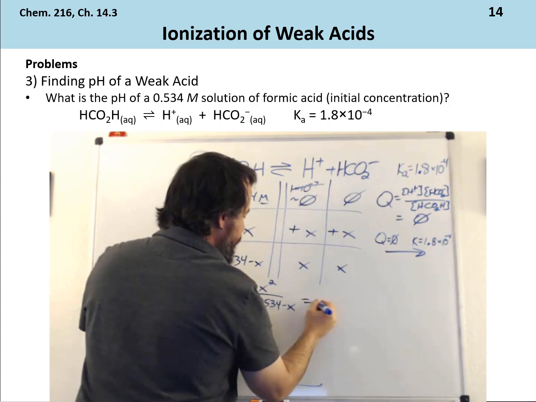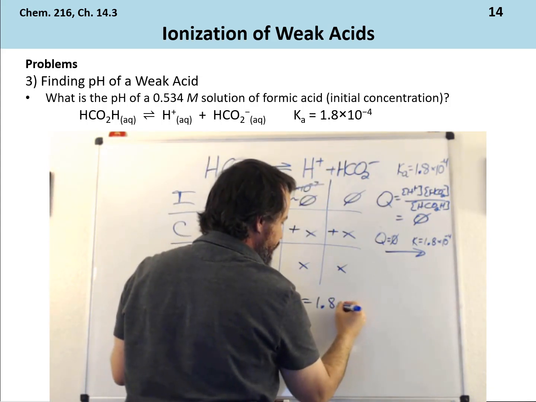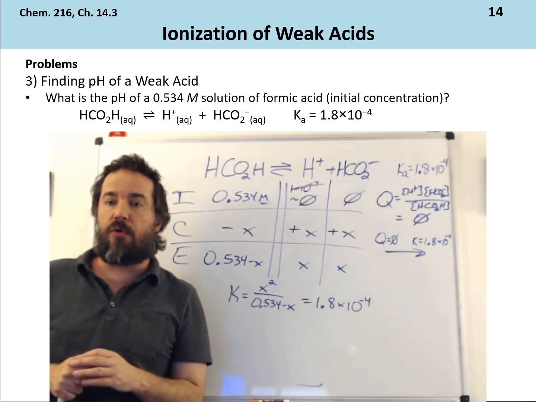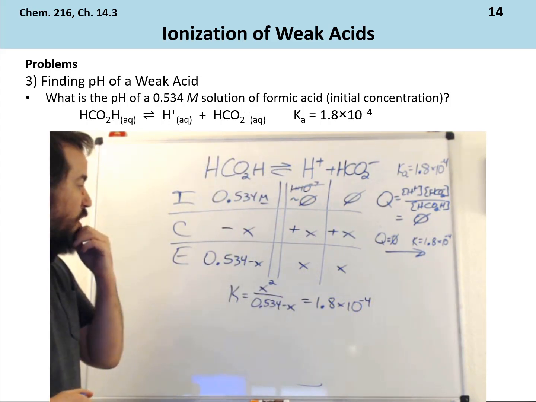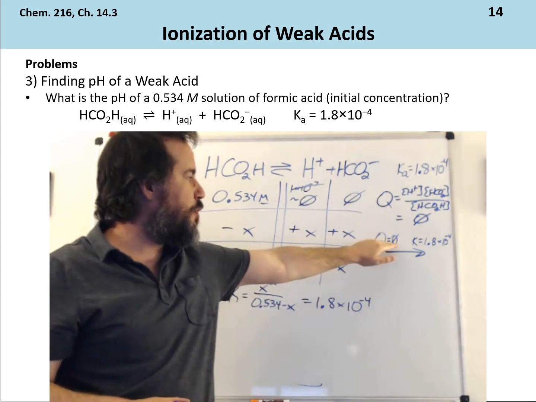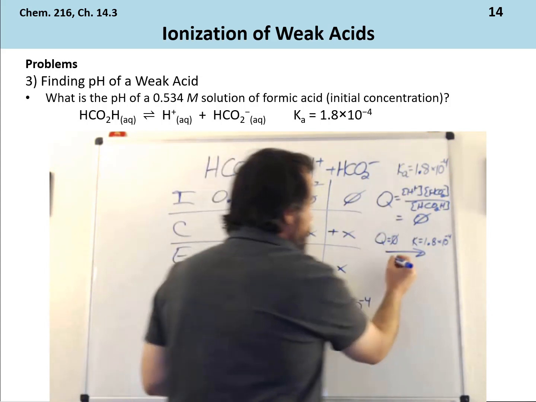And this is going to be equal to 1.8 times 10 to the minus 4. All right, now can I assume that x is small? Well, I can assume that x is small if both Q and K are small. They're both smaller than 0.01.